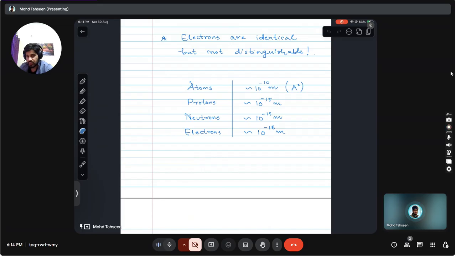It's because of such length scales that the quantum mechanical principles become indispensable, and we have to account for those principles in order to predict the overall behavior of the ensemble of electrons.